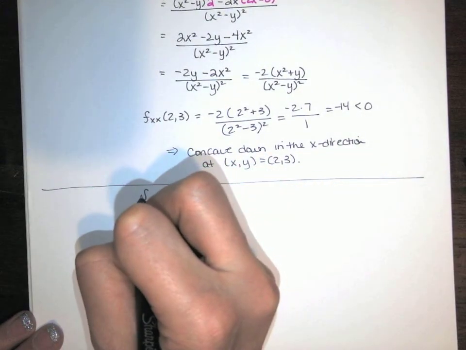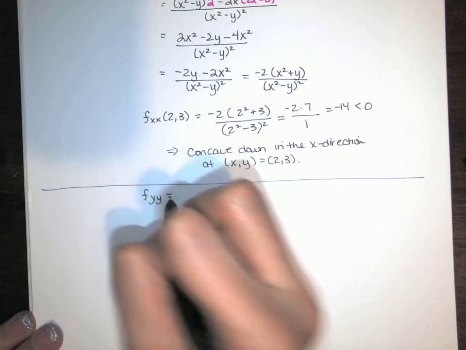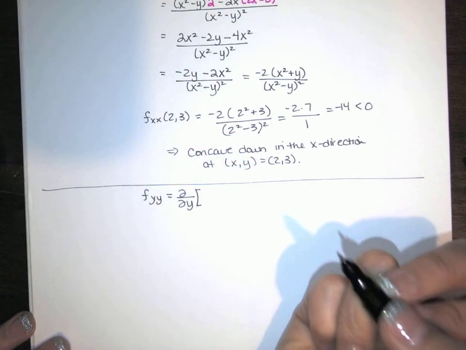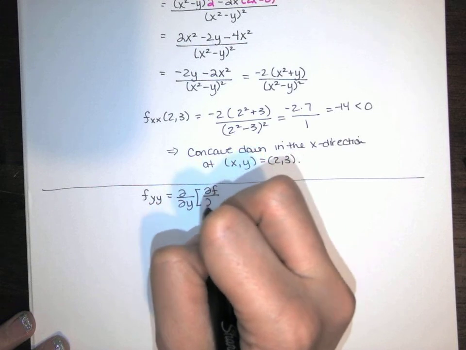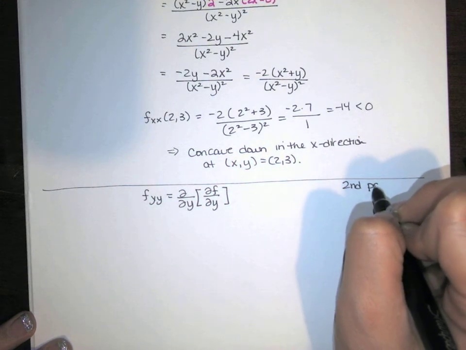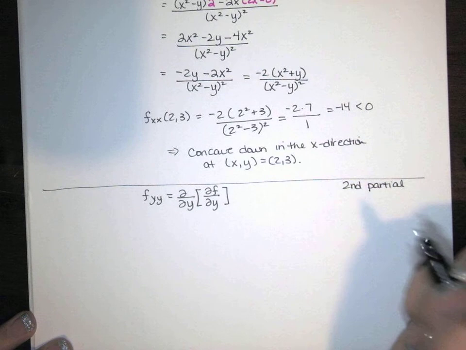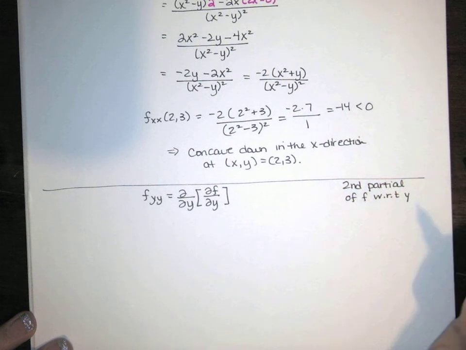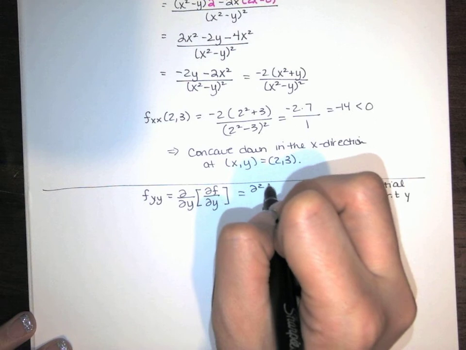Similarly, we can calculate the second partial of f with respect to y. So you take the partial with respect to y of the partial of f with respect to y. Which you can write this way.